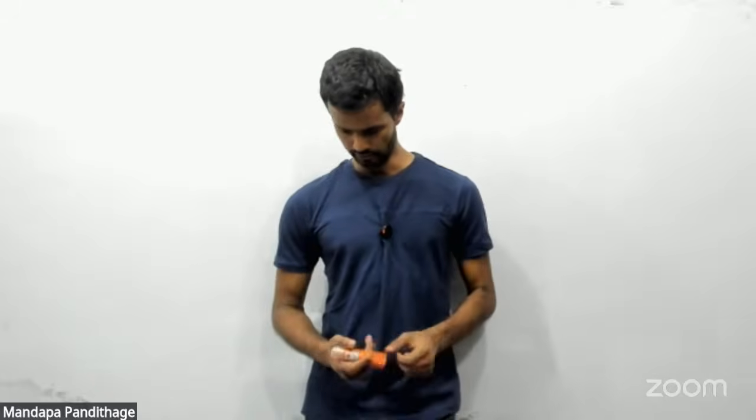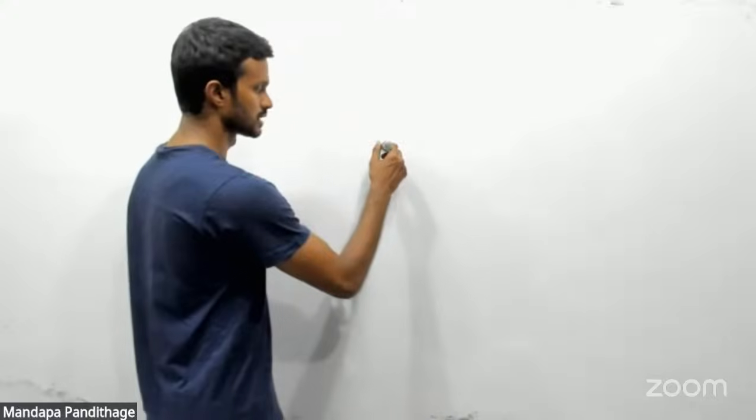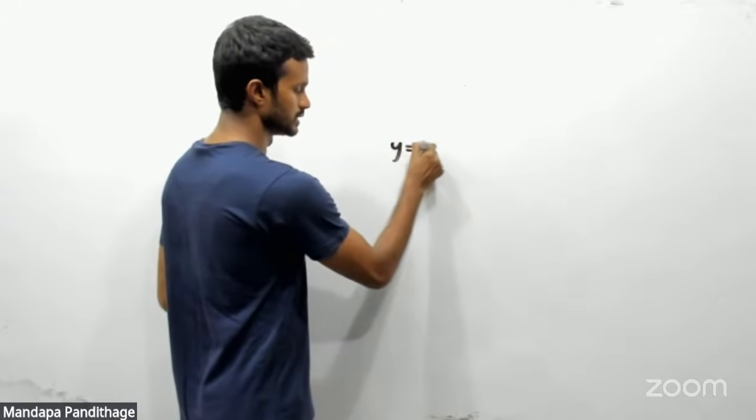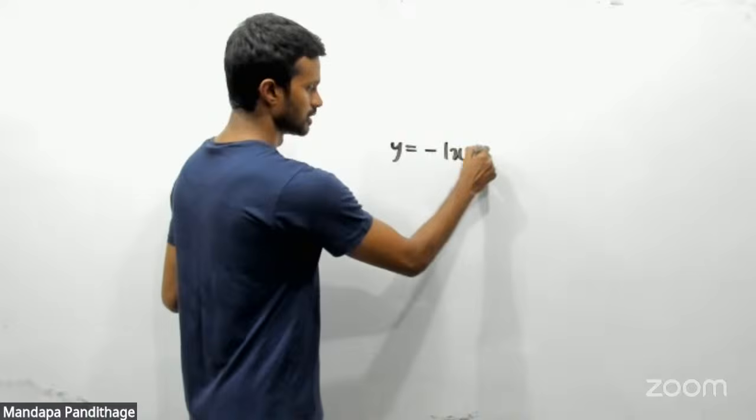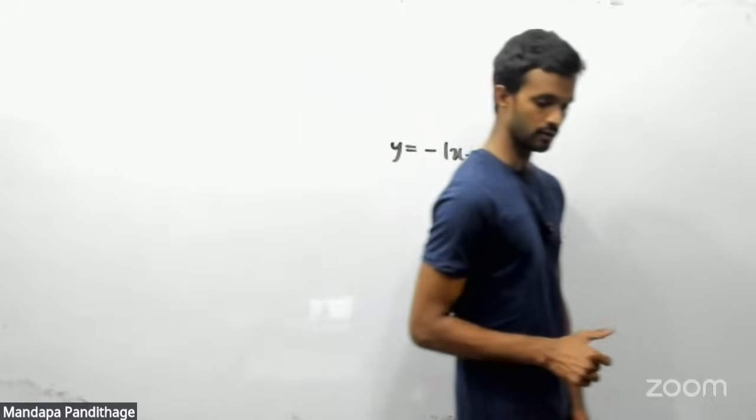Okay, so here, if I'm not mistaken, someone confirm me, we have done up to question number 11, right? In the process of drawing modulus graphs, we didn't do y equals minus modulus x minus 1, did we? I can't remember.